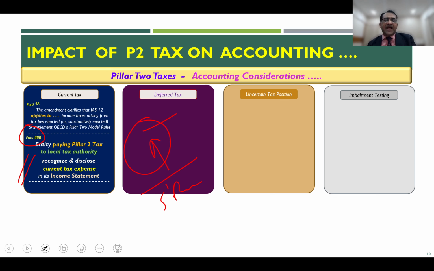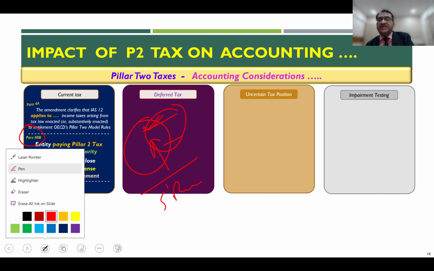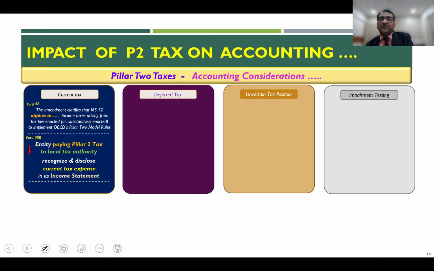That means in France and in Australia, in some proportion, they will be paying it. Assume that the French entity is responsible for making this payment. So paragraph 88B tells you that the entity which is paying Pillar 2 taxes to the local tax authority, in my example the French entity, will recognize and disclose the current tax expense in their income statement. That is on the current tax side.